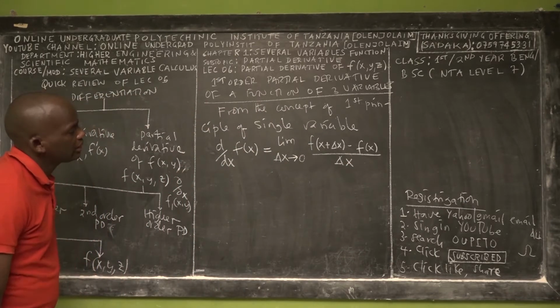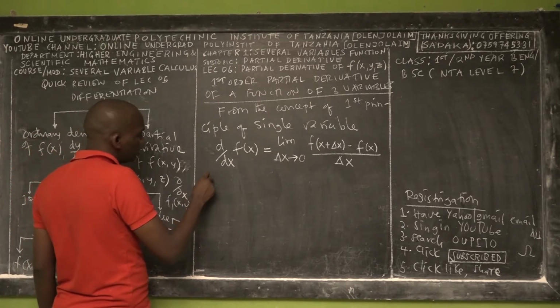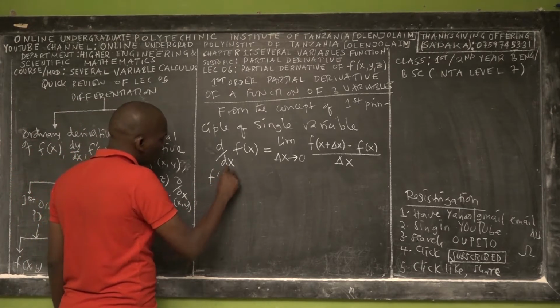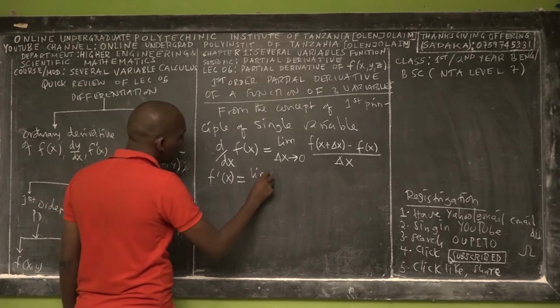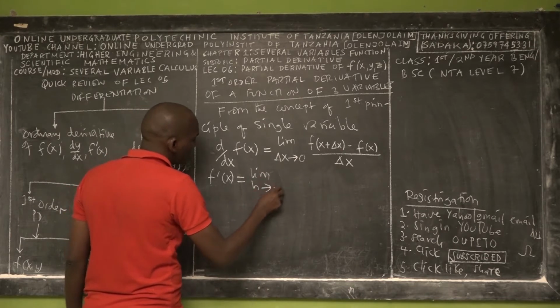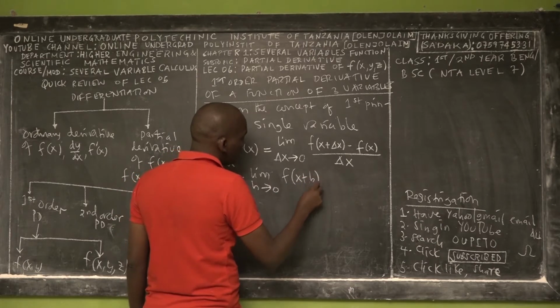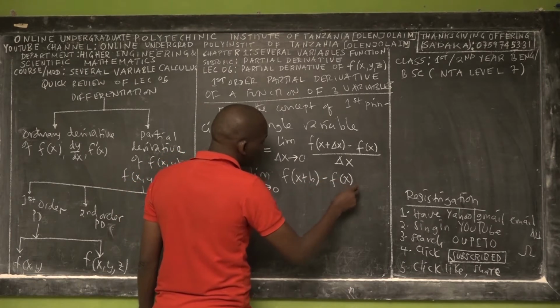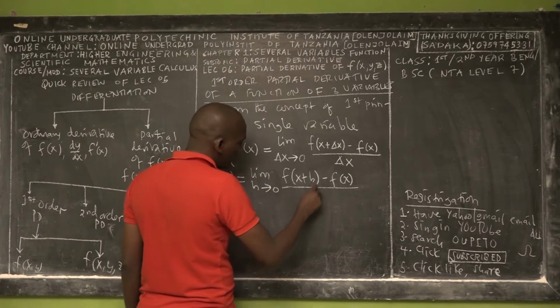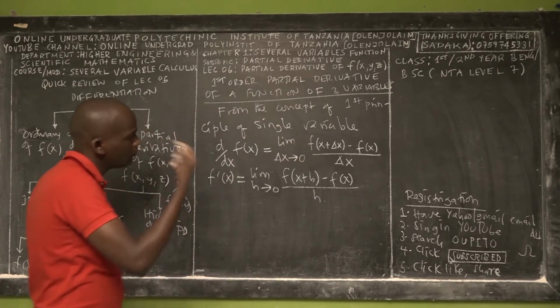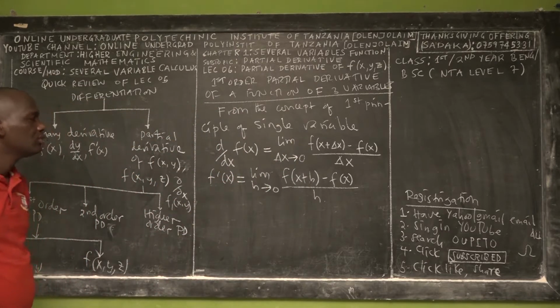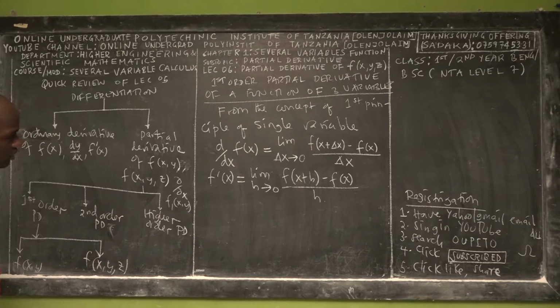So we used to say f dash of x is the limit as h approaches 0 of f(x plus h) minus f(x) over h. Either way, the formula is the same, and we call it the first principle.